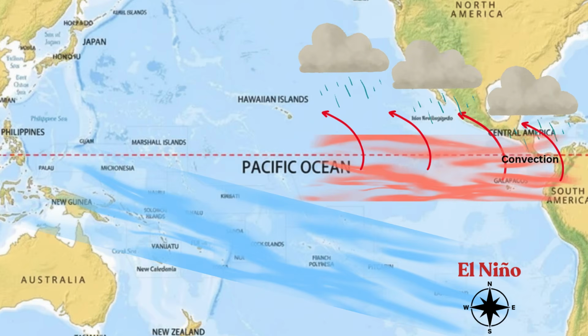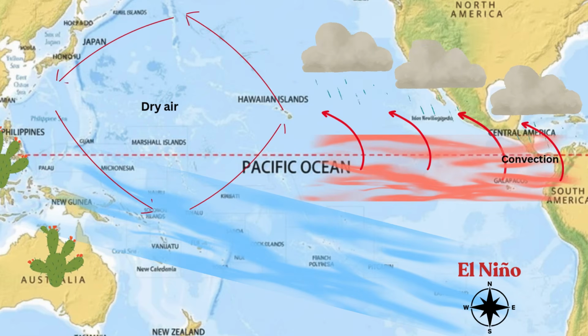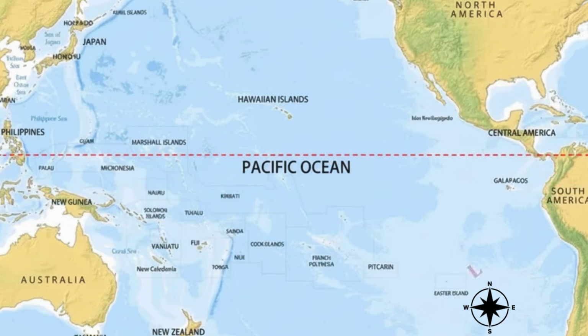El Niño often causes heavy rains and flooding in South America, particularly in places like Peru and Ecuador. Meanwhile, countries in Southeast Asia, like Indonesia and parts of Australia, often face droughts because the usual rainfall shifts away from them.